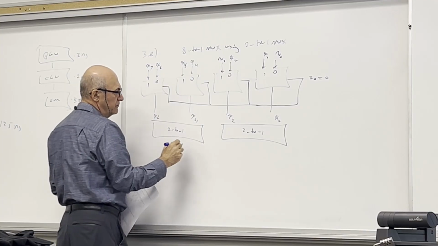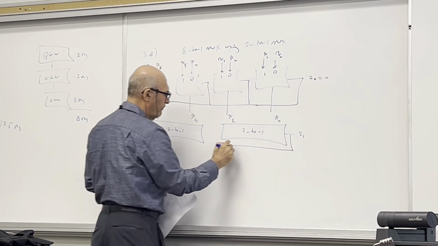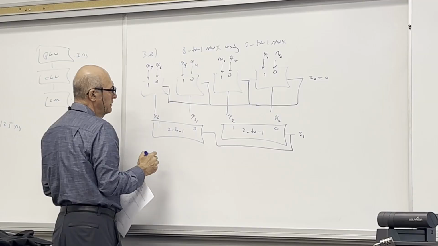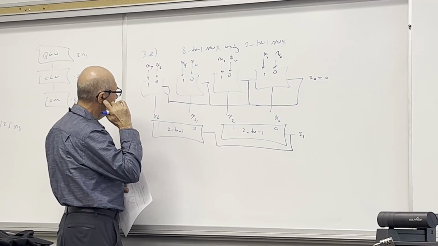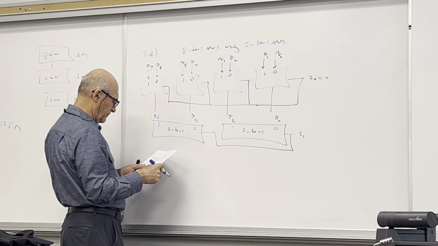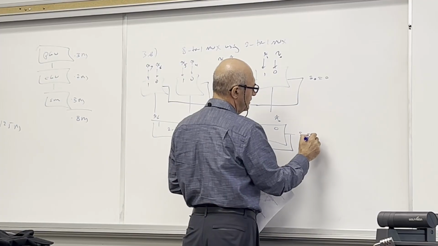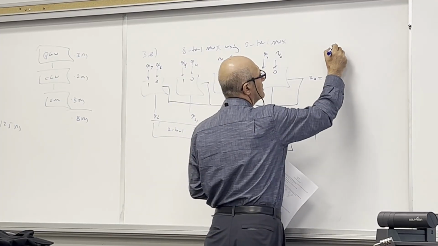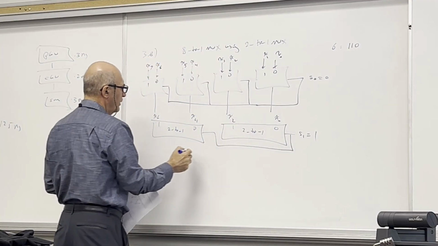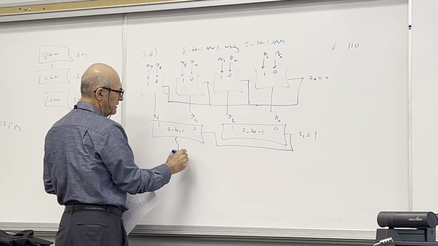And then you send S1. 6 is 110. So 1 1 is going to pick this one, which is x6.